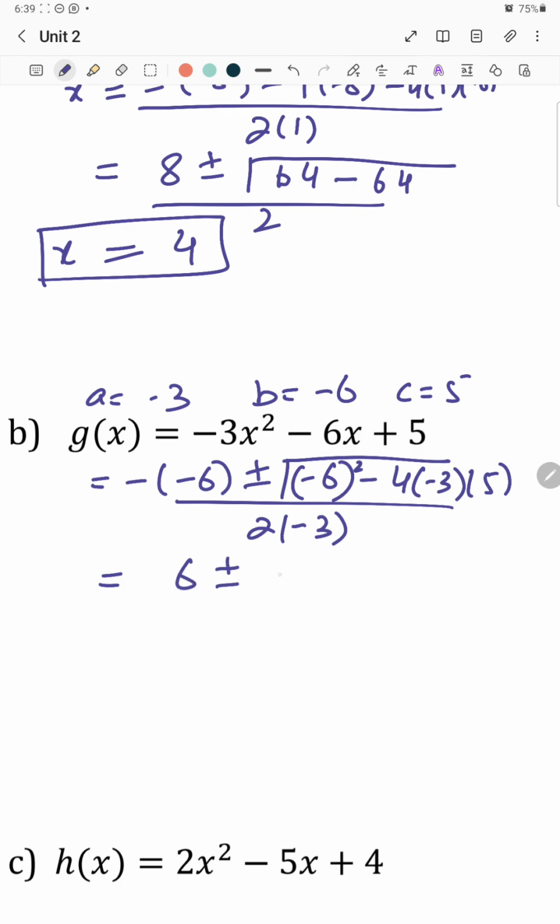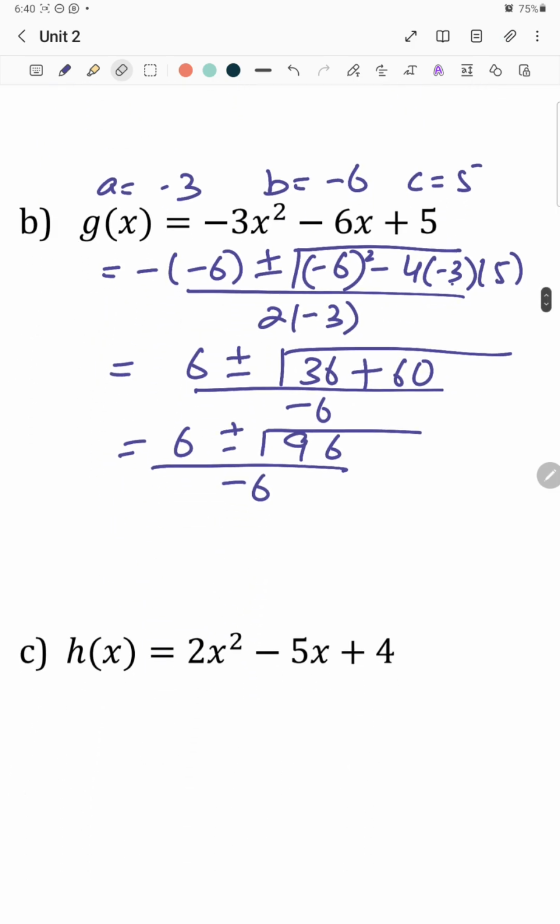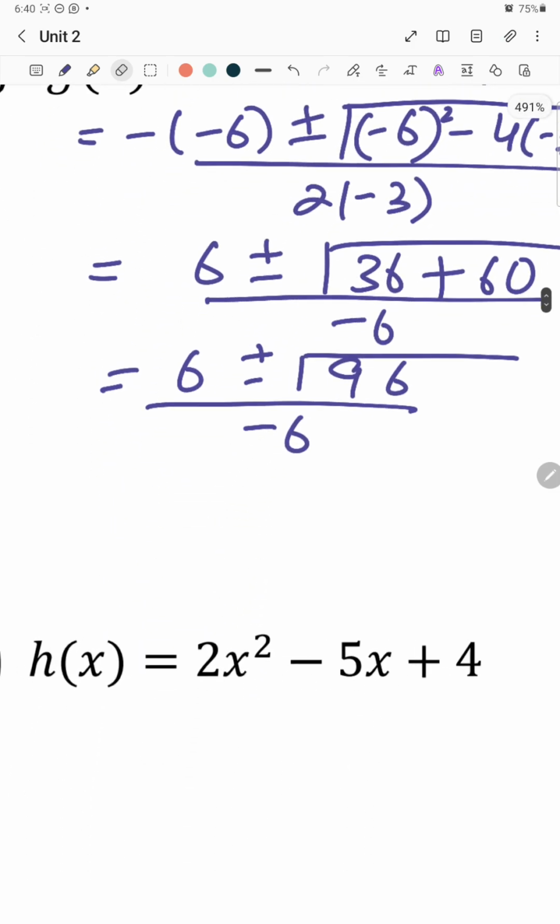It would be 6 plus minus square root of 36 plus 60, 15 times 4 is 60, over minus 6. 6 plus minus square root of 96 over minus 6. So now we need to know what is the square root of 96. So 96 is not a perfect square, so we will solve it like this.